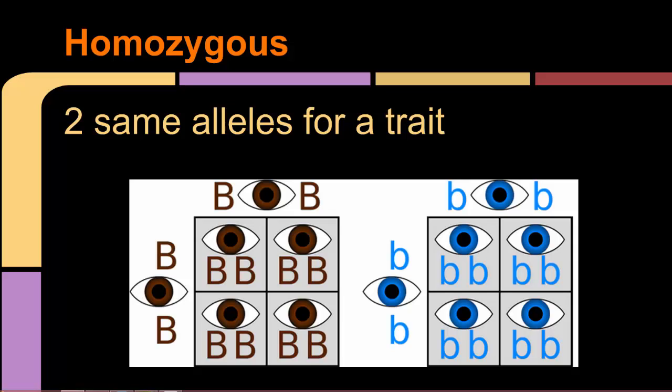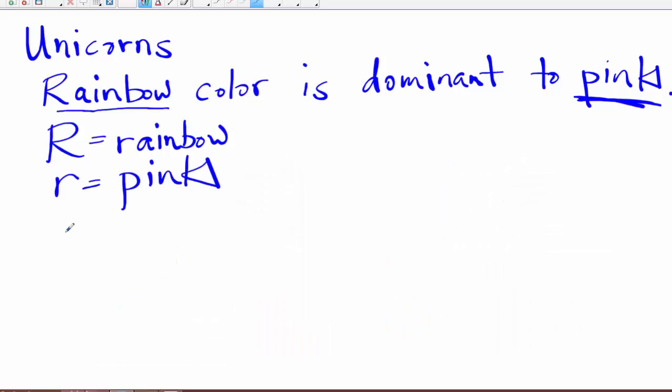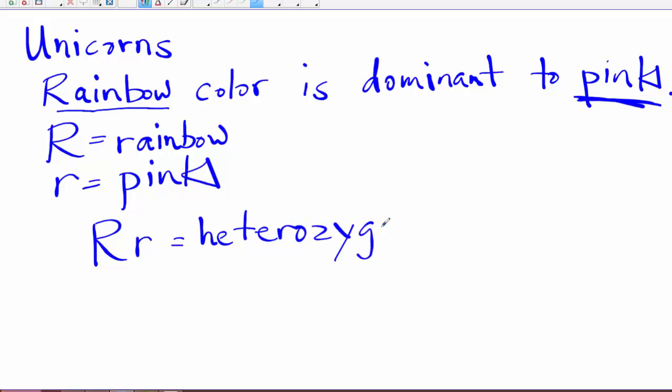So let's go back to our unicorns. Remember, you get one allele from each parent, and the trait is coded by those two alleles. So let's say I have an offspring that is big R, little r. They would be heterozygous because their two alleles are different. One's dominant and one's recessive.